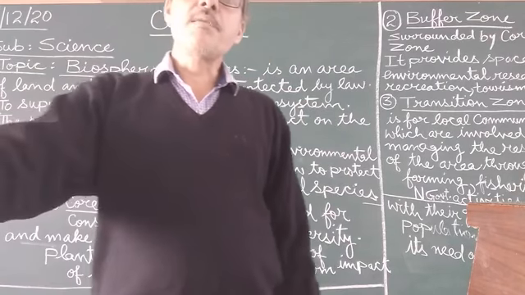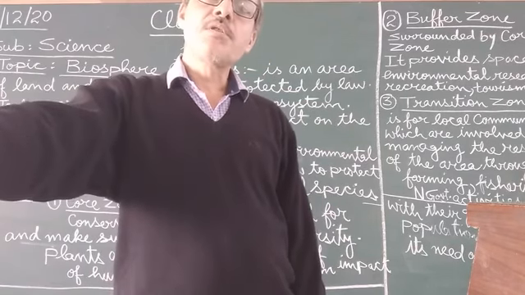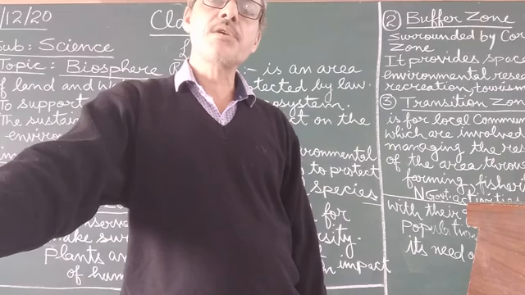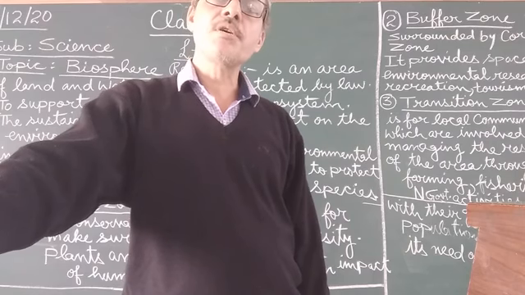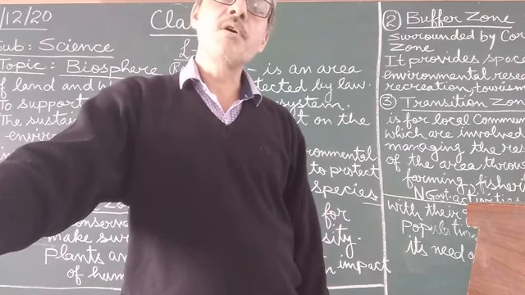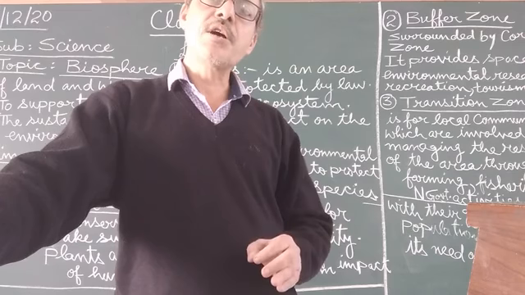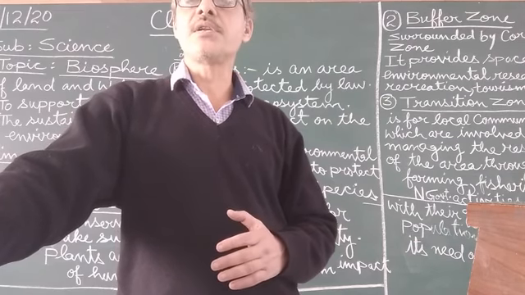Now, what is the aim? What is the goal of this? The goal of establishing this biodiversity park is to protect and conserve the ecosystem of 2 major landforms, that of the Yamuna River and the Aravali Hills.